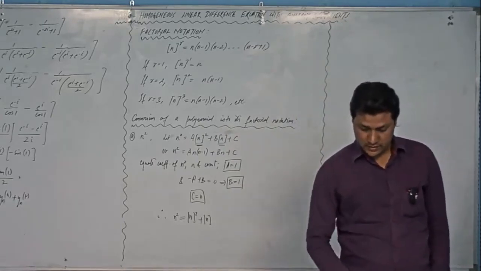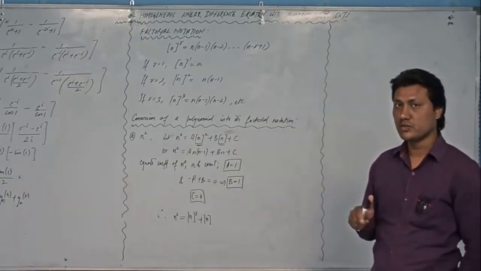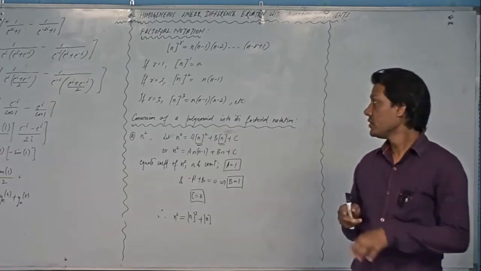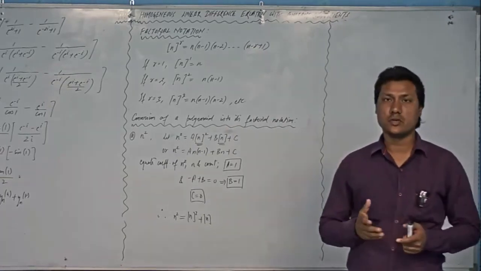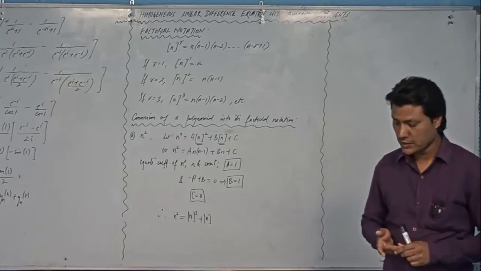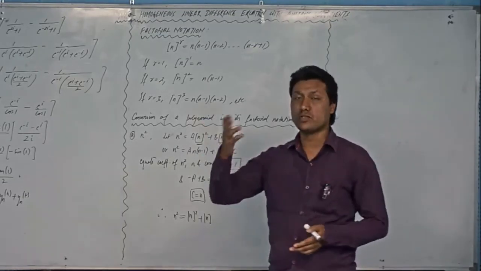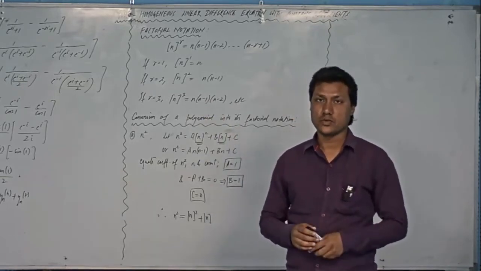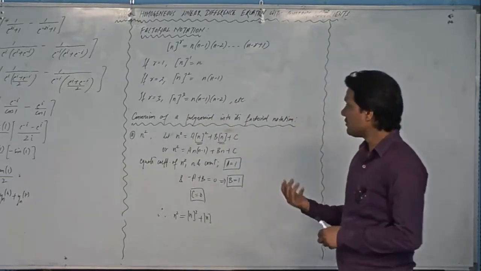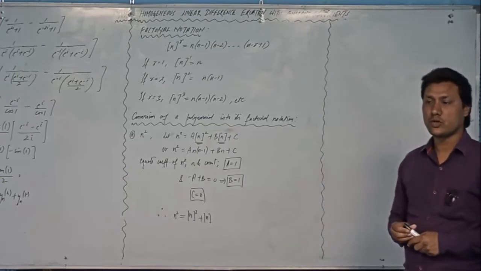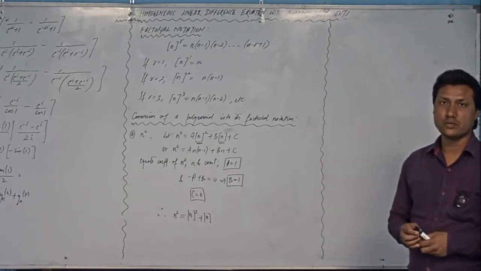So that's why we convert a polynomial into its factorial notation, because we are familiar with the theory of differential operators. It is very easy to differentiate a function as compared to finding its forward difference, which is a long process. So we will convert our polynomial into factorial notation in order to use that theory of differential operators, right?